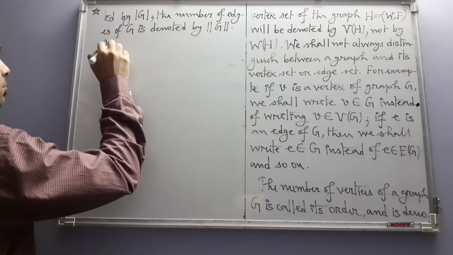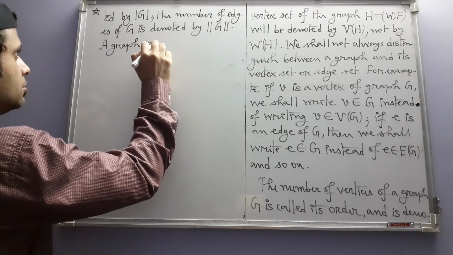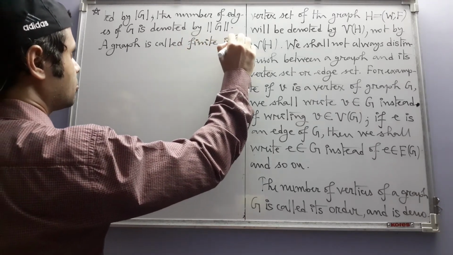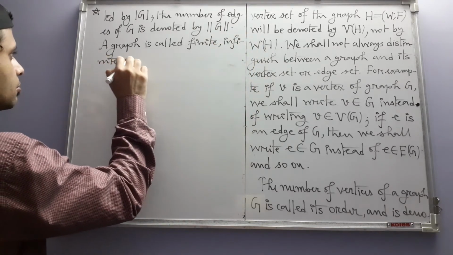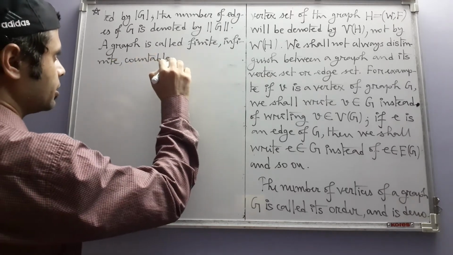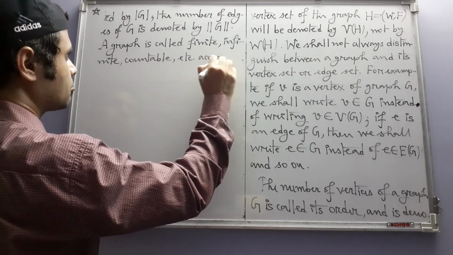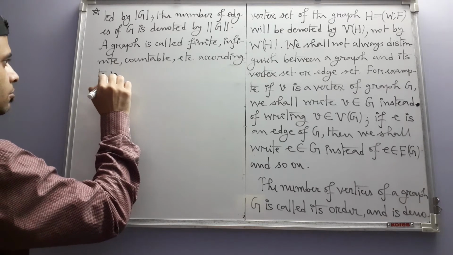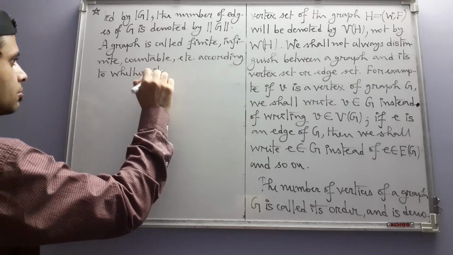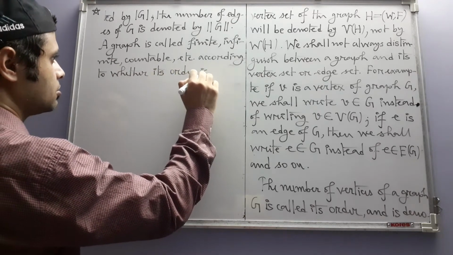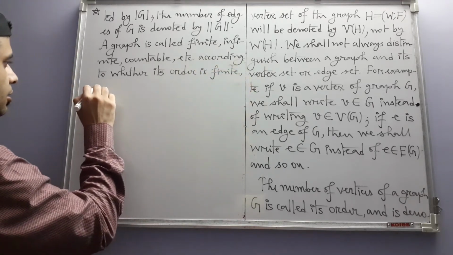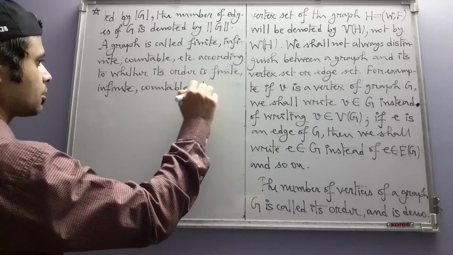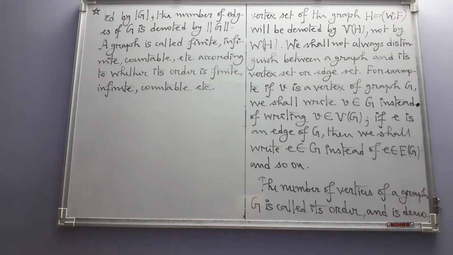A graph is called finite, infinite, countable, etc. according to whether its order is finite, infinite, countable, etc. So a graph is called finite if its order is finite.